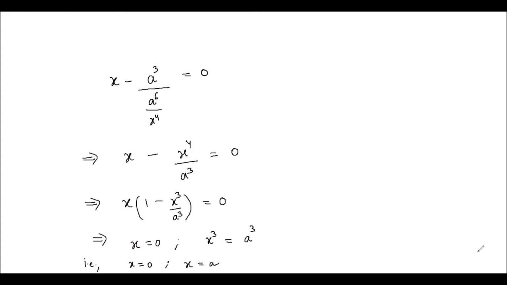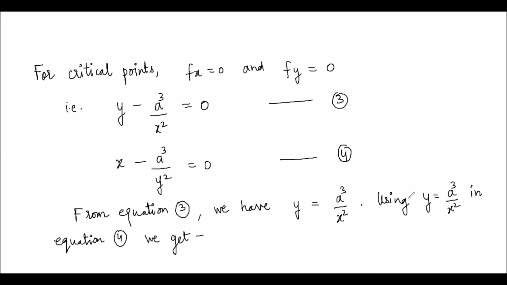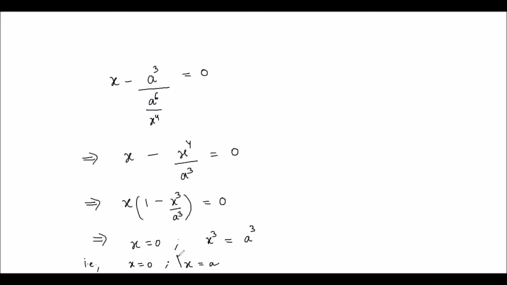Now, if x is equal to 0, then y will not be defined because y is a cube upon x square. If we put x as 0, y will not be defined. So we will not be considering this point x as 0. We will be considering the second value of x, which is x equal to a.